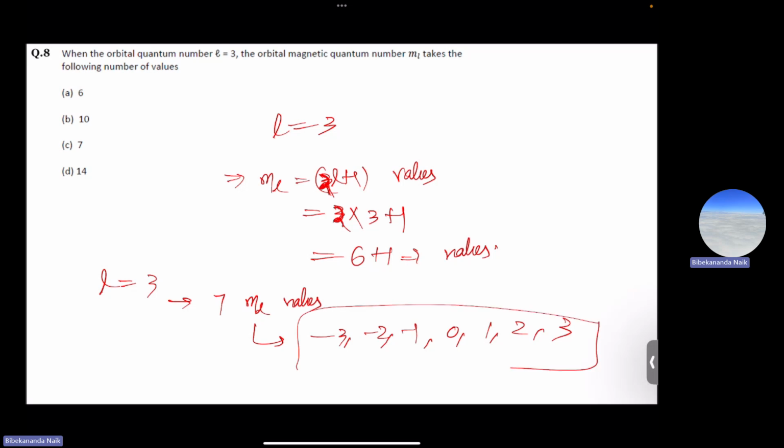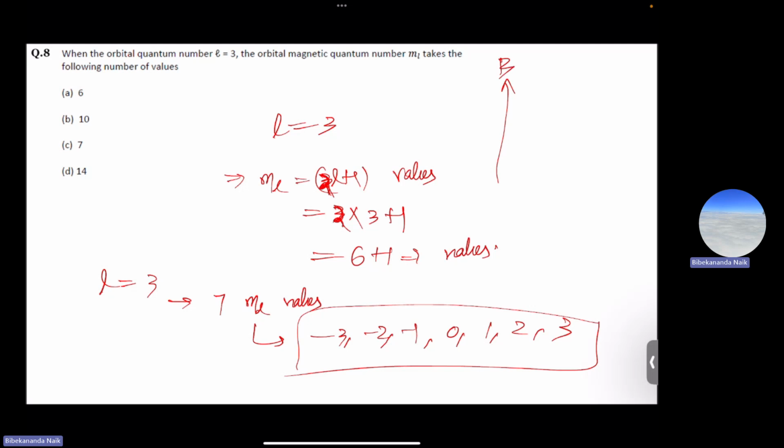These are the 7 values of ml. So what is ml? Suppose an electron is revolving in an orbit. Its angular momentum will have 7 different projections corresponding to the z axis. Suppose the magnetic field is applied along z.